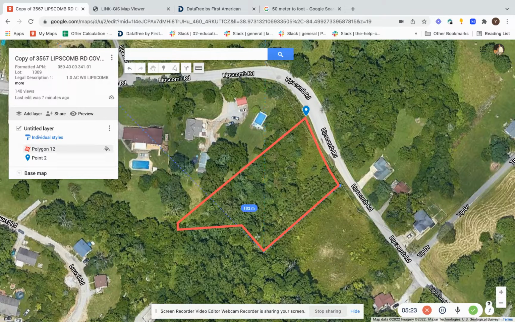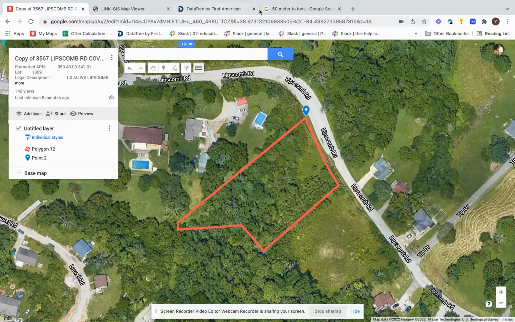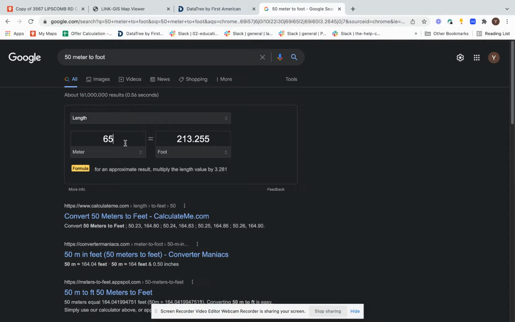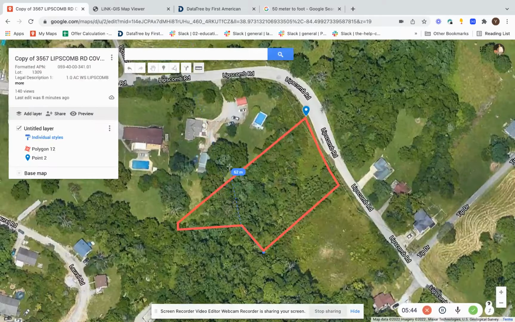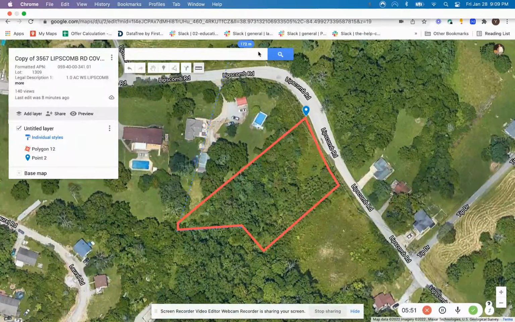Right, now let's measure this small backside here, one corner to the other one, about 22 meters, which is about 72 feet or foot. Then this little thing here, back here to here, about 41 meters.